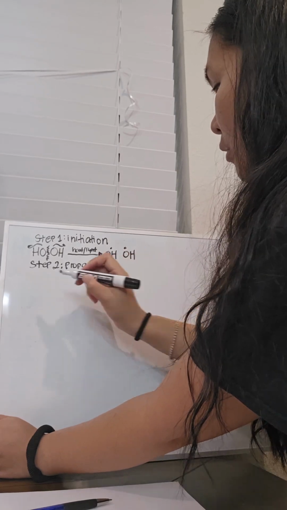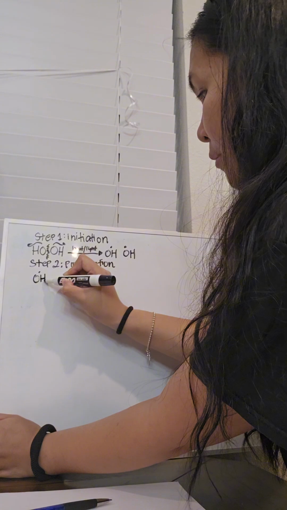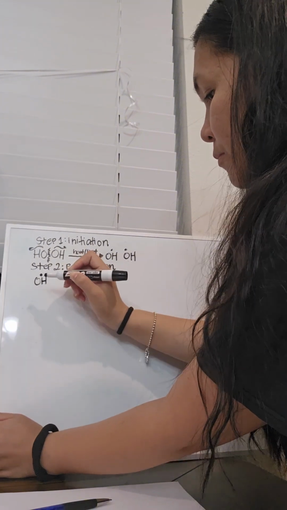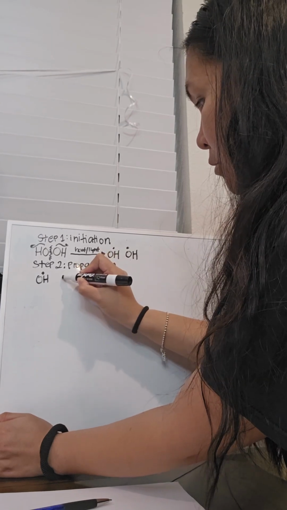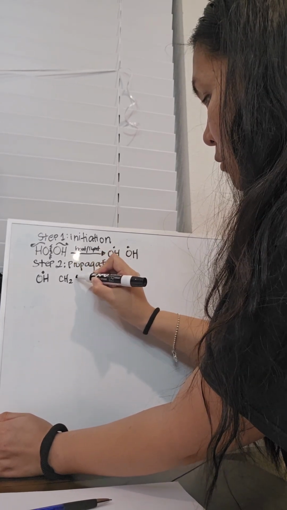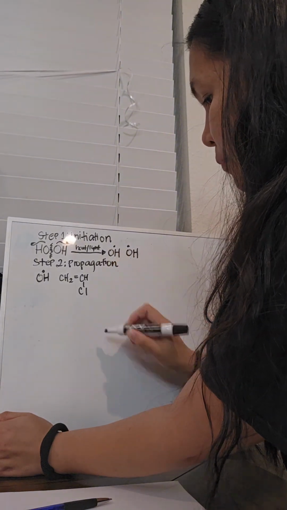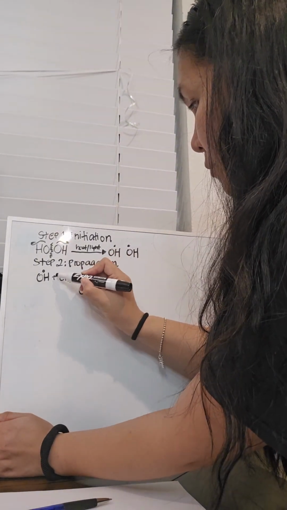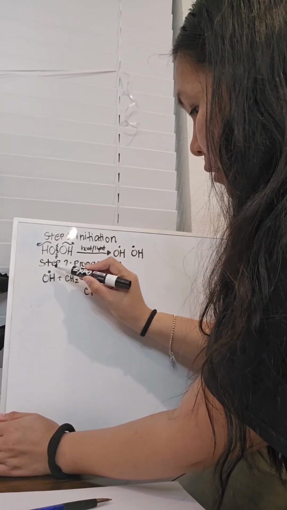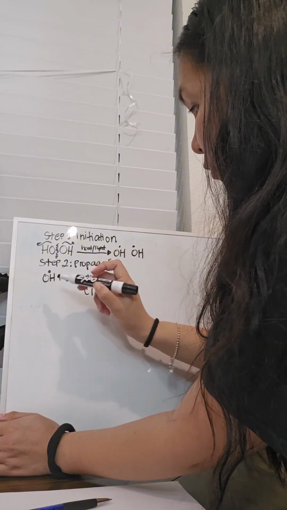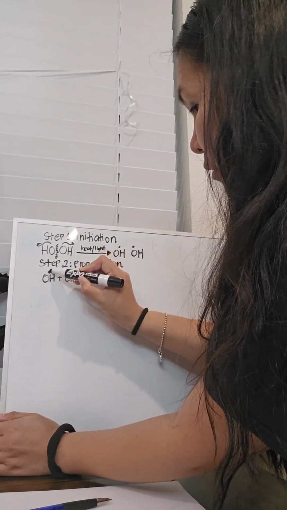So we will start with one of the OH free radicals, which will attack the vinyl chloride monomer. Now, the free radical electron will attack the space between the free radical initiator and the first carbon of the double bond.